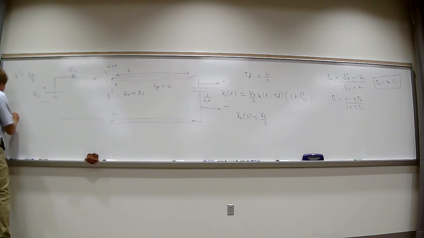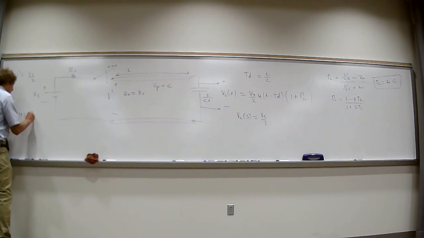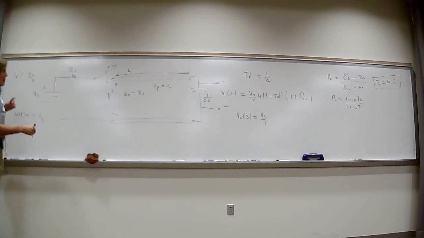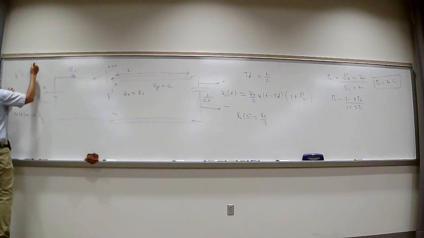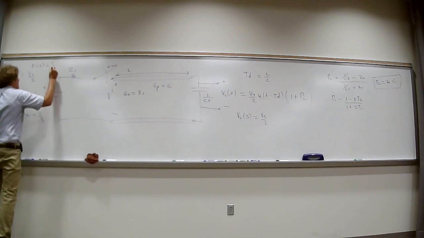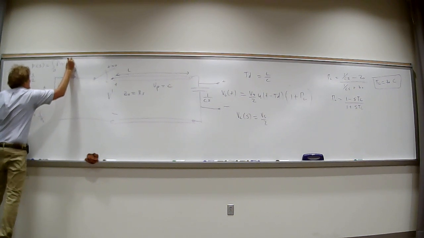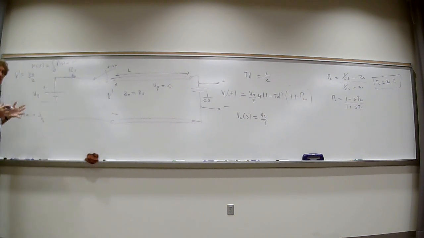If you have u of t, that goes to 1 over S, and I suppose I could define the Laplace transform F of s by definition as the integral from 0 to infinity of f of t times e to the minus st dt. You don't remember that? It's just a fundamental definition that you use over and over again.